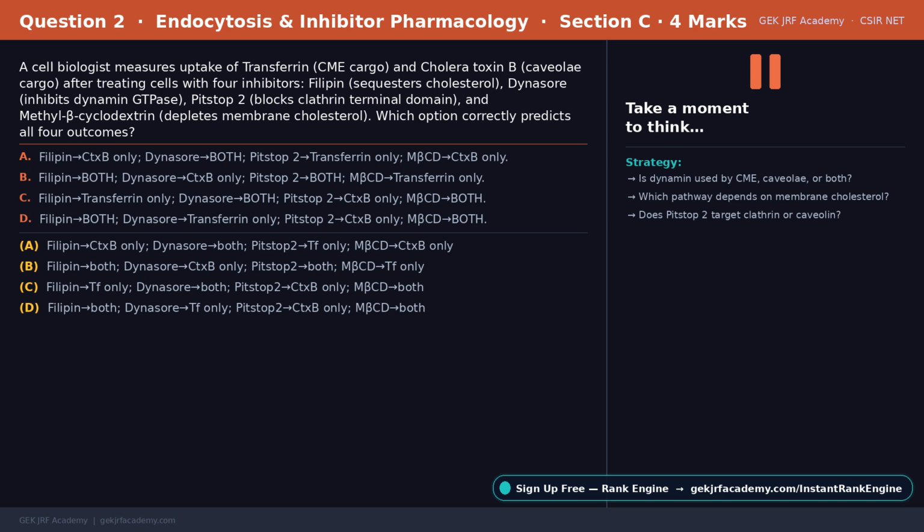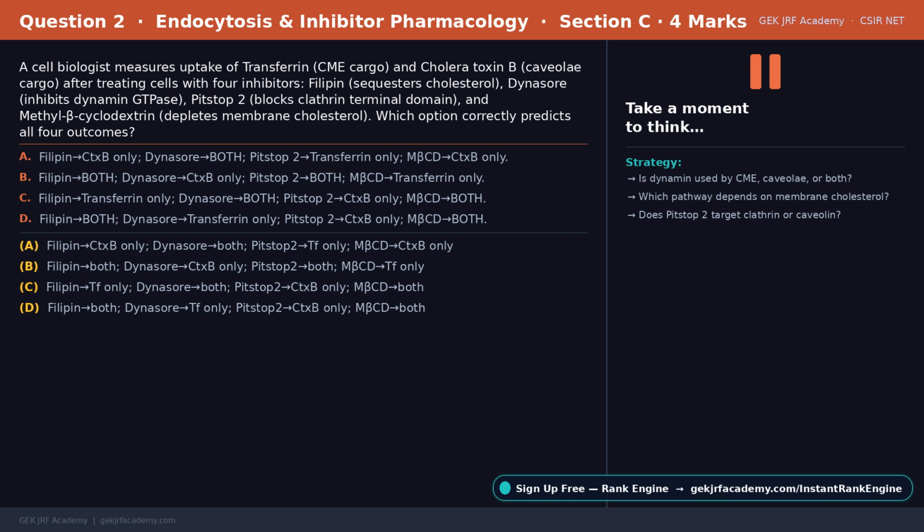Option A. Filipin blocks cholera toxin B only. Dynasore blocks both. Pitstop 2 blocks transferrin only. Methyl-β-cyclodextrin blocks cholera toxin B only. Option B. Filipin blocks both. Dynasore blocks cholera toxin B only. Pitstop 2 blocks both.